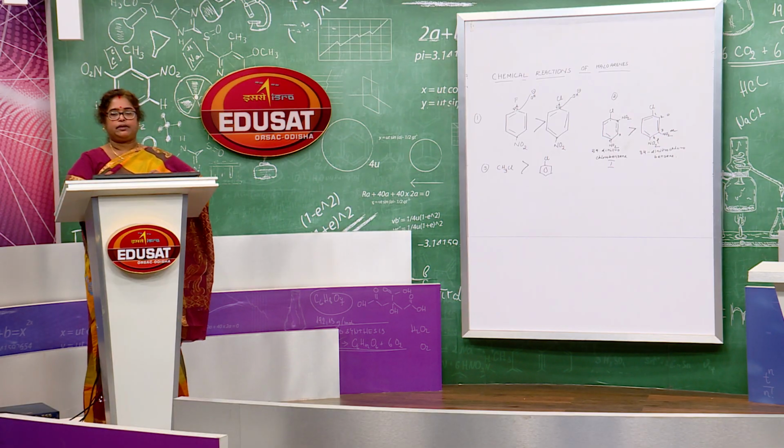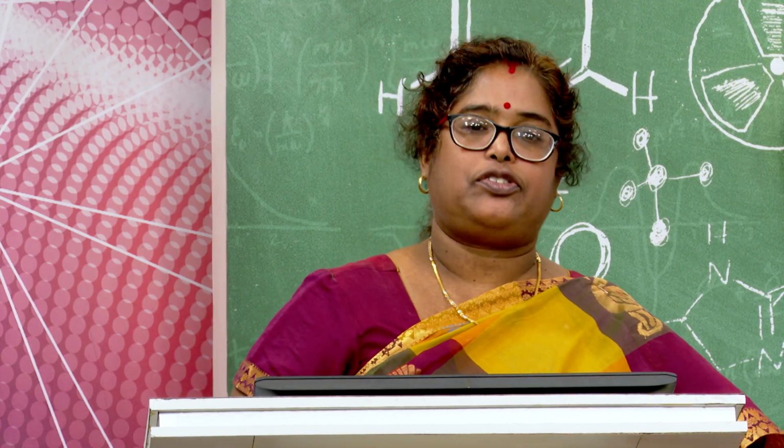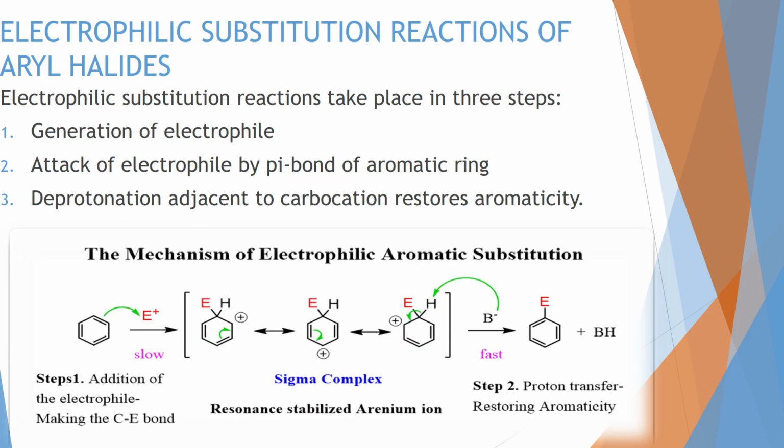Then students, now we are going to a different aspect of the reactions of aryl halides. The heading is electrophilic substitution reactions of aryl halides. I told you before that the benzene ring is itself a source of electrons, so it is very reactive towards electrophiles.